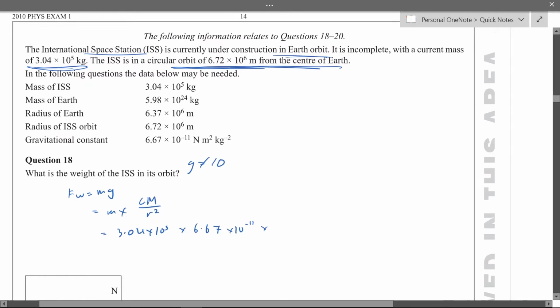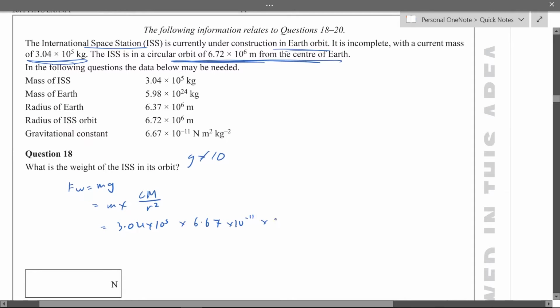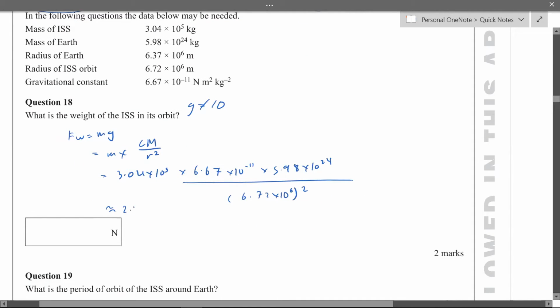The big M is the mass of the Earth, 5.98 times 10 to the 24. The radius is how far the space station is, and we don't need to add anything because it's already from the center of the Earth. If you do that, you get 2.9669 times 10 to the 6, and that's your answer.